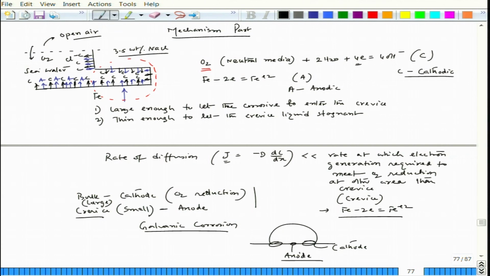The next class will get into the important aspects of the crevice, which is basically metal chloride hydrolysis, leading to hydrogen ion generation, and that would lead to much more acidity. That crevice portion will become highly acidic, and because of the acidic nature, even if it is a passivating metal, that passivation will be broken.